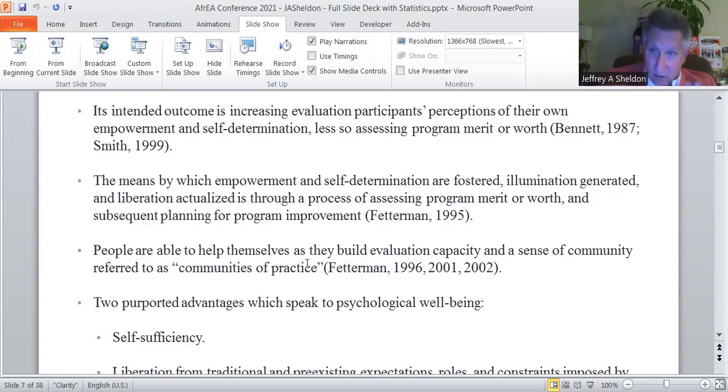Again, this ties into the communicative aspect of a social intervention, the interaction between people. And it's through the collective process of working together that evaluation capacity is built.